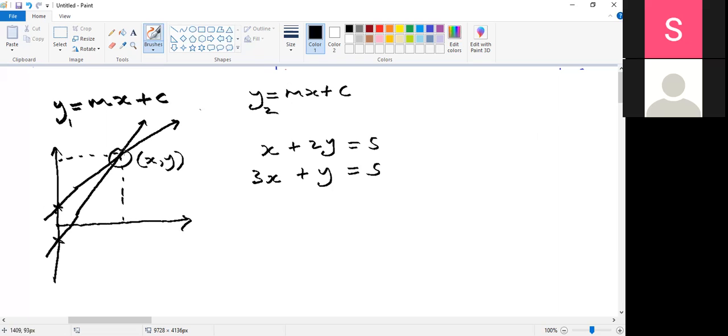So let me move on and show you how to solve. You have two ways you can solve: by elimination, or by substitution. Elimination is straightforward. Well, both of them are straightforward.